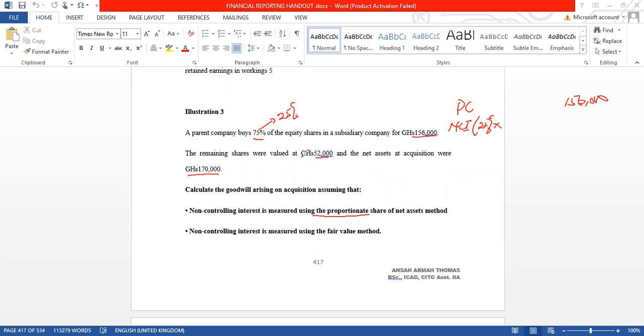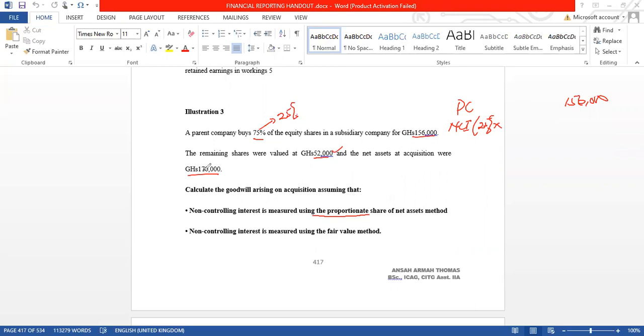They said that the remaining shares were valued at this value. Here they've given us the value, but here we are taught to use the proportionate, and they told us that the net assets at acquisition were 170, and this is what we are interested in for the proportionate.